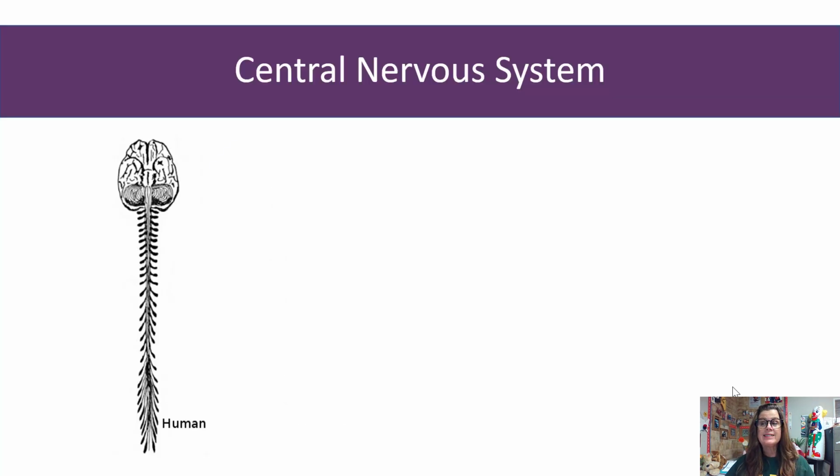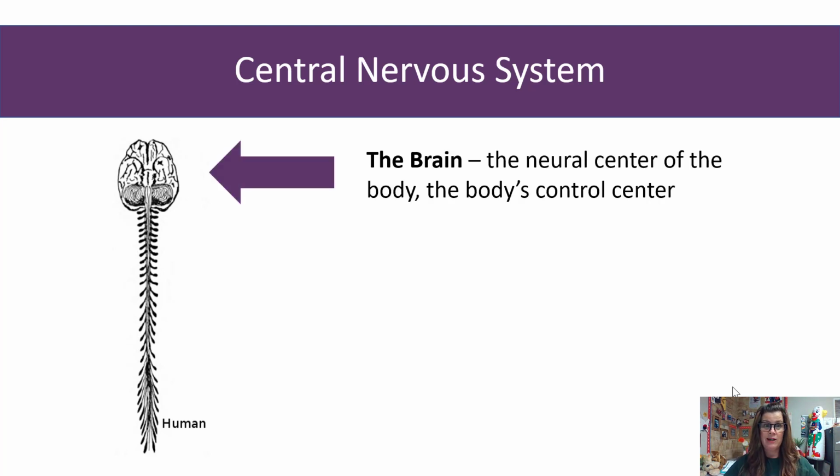All right, so let's take a look at the central nervous system. Again, central: your spine and your brain run through the central part of your body. The brain is the neural center of the body, and it's kind of like the control center. It sends all of those messages and decides what's going to happen.